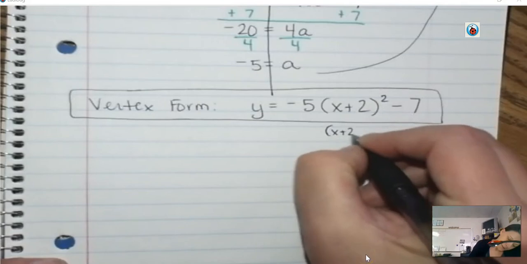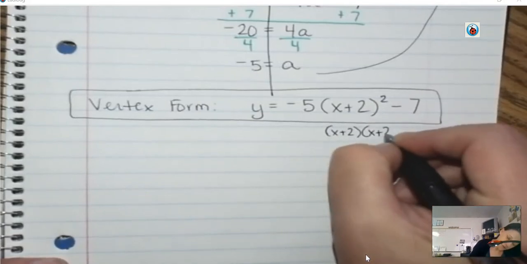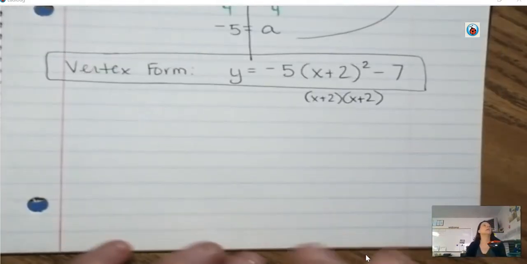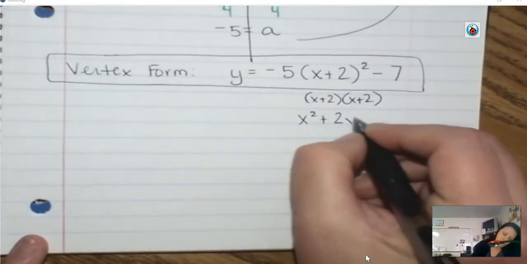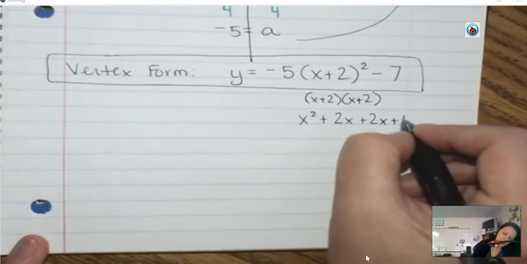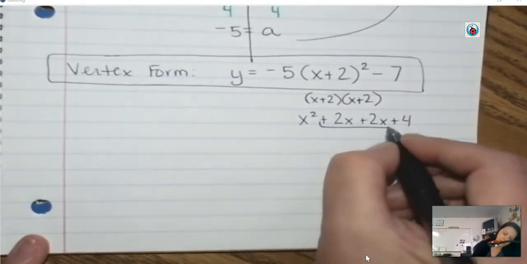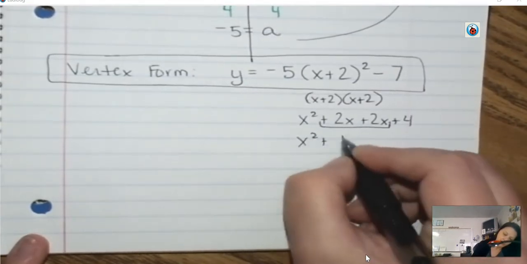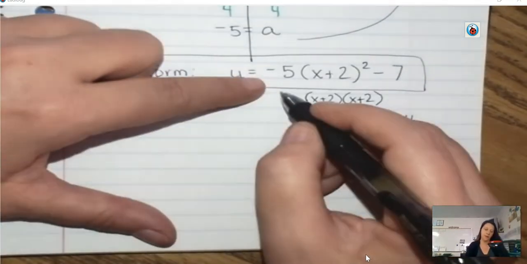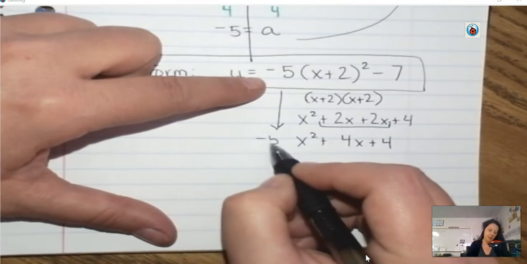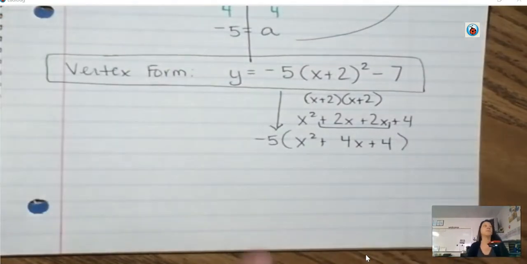So you need to FOIL first, x plus 2. X plus 2 times x plus 2. X squared plus 2x plus 2x plus 4 simplifies to x squared plus 4x plus 4. Then you need to bring down your minus 5 and multiply that by everything.